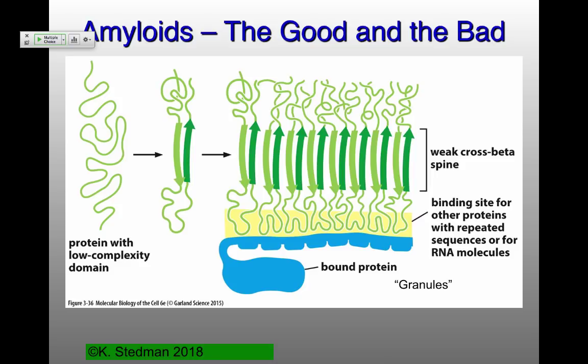They get concentrated in these granules, and a lot of that has to do with this amyloid formation. Low complexity proteins forming these two strands of beta sheet, which then in multimers can form these very large aggregates as being amyloids. So these would be the good amyloids, the bad ones, of course, the ones that are leading to these neurodegenerative diseases.